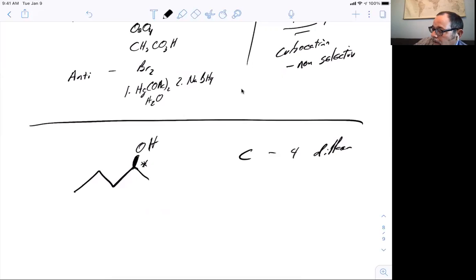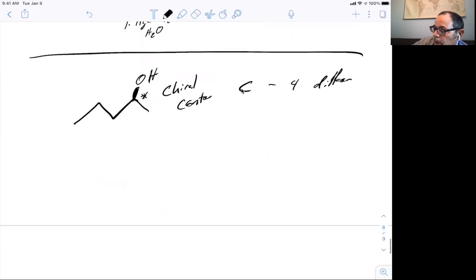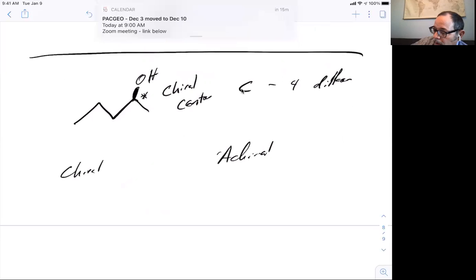Okay, so that's a chiral center. But a molecule can either be chiral or achiral. For a chiral molecule, that means that it's going to be non-superimposable with its mirror image.